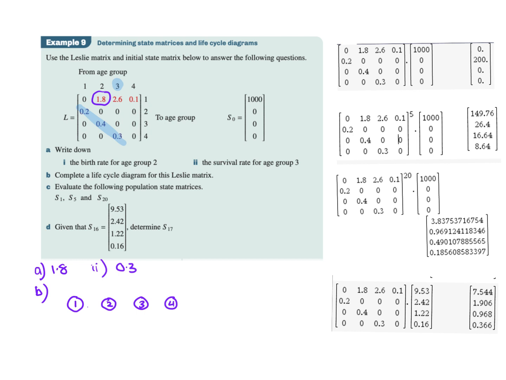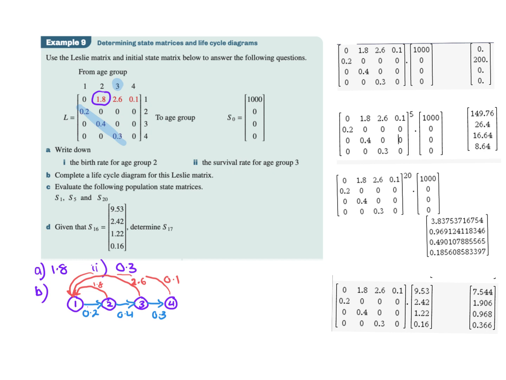The survival rates are between the circles, and they were in blue, so we're putting them across there. And I'll use red to show the birth rates. From 2 back to the start is 1.8, then from 3 back to the start is 2.6, and sorry, ran out of room, but that last one, 4, is 0.1.